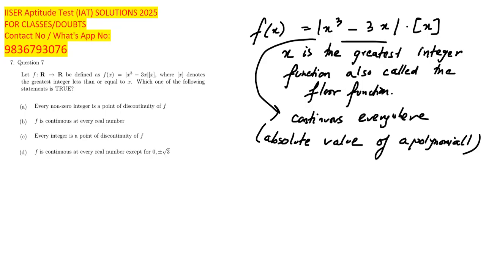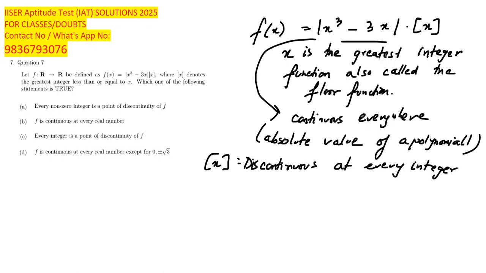Now [x] is discontinuous at every integer, because of the jump. But the floor jumps at integers, so their product may be discontinuous at points where either function is discontinuous. So where can discontinuity occur?